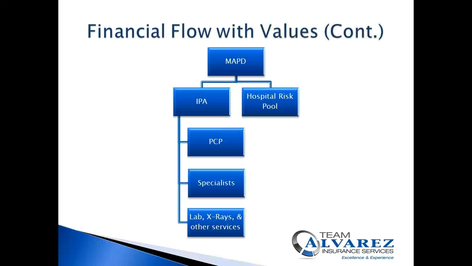So let's look at this example, because remember, the coding makes a big difference. So let's look at this example with poor coding. Okay, you have a 0.5 RAF score, which is a lot less money to play with, so to speak. All right, so that's about $400 per member per month.